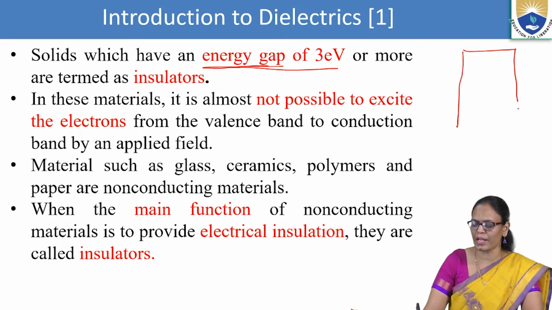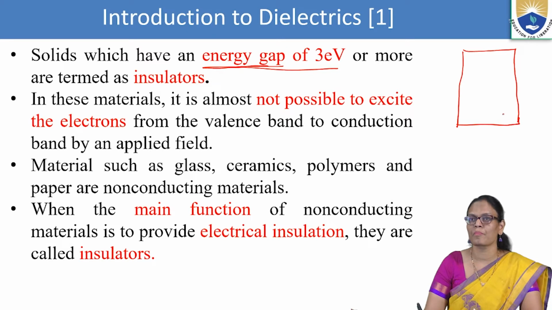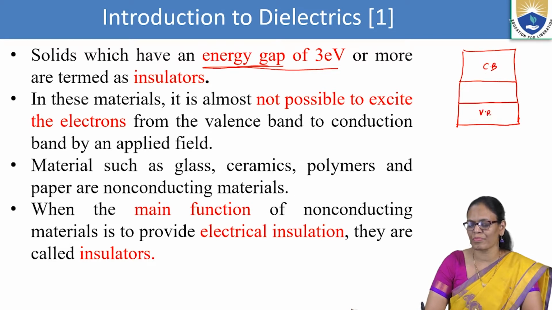Whenever we draw an energy band diagram, this is the conduction band, this is the valence band, this is the topmost level in the valence band, and the bottommost in the conduction band, and this is what we call the energy gap. Energy gap is the difference between EC and EV.